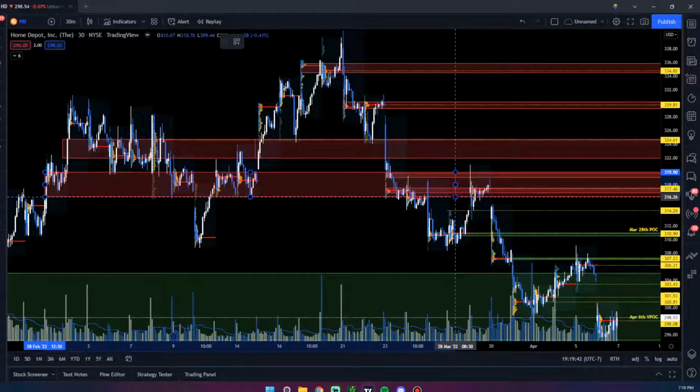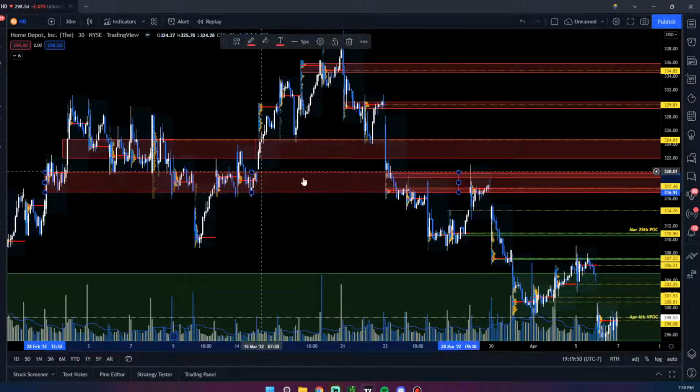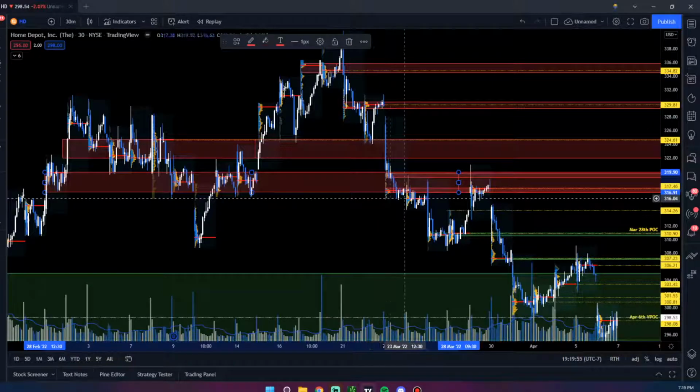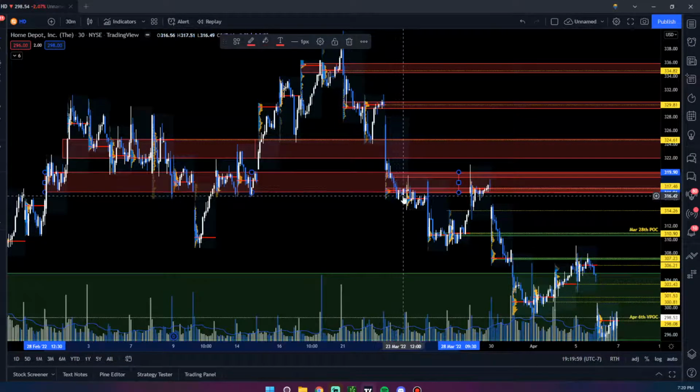Trying to figure out exactly how far down I want to come with this. Honestly, it's really hard to say. You can go to 316. You could even bring this down to incorporate some more of these candles here.